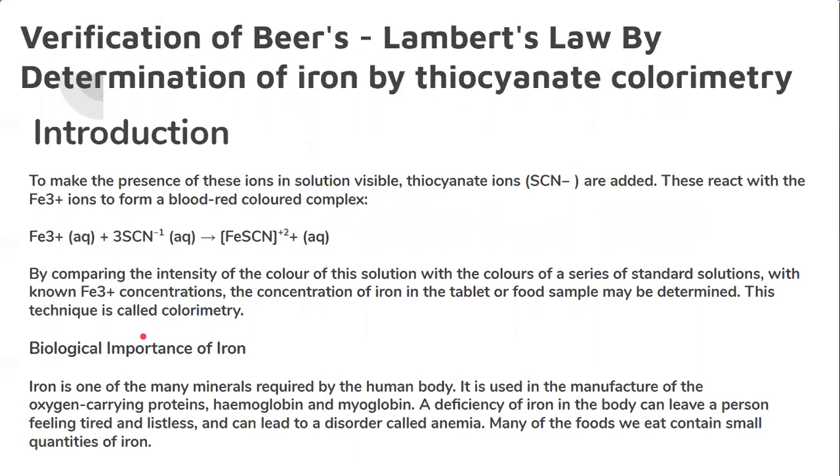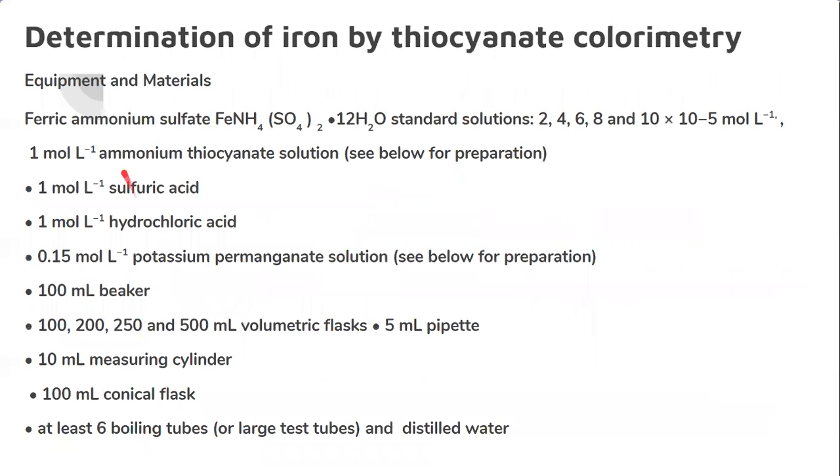Next, the instruments and chemicals. For that process, we use particularly the first three solutions, and if required, we use this one. Potassium permanganate may not be used for the calibration purpose, so we don't use this one.